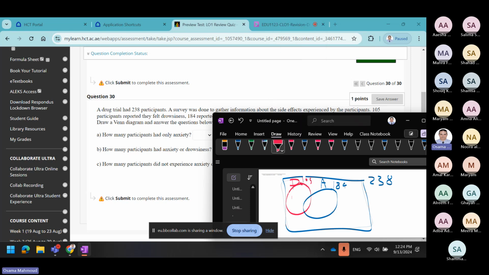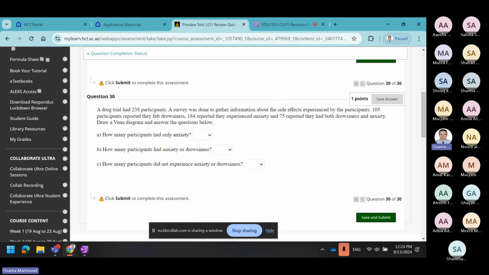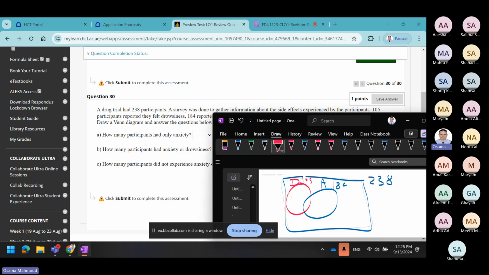And 75 reported they had both. So in common, they have 75, right? So what is left outside here is 105 minus 75. What is left here is 184 minus 75.